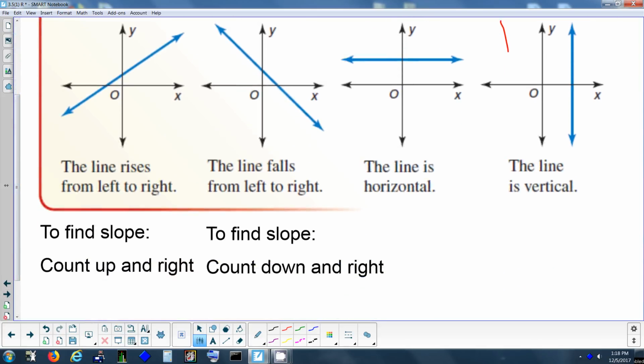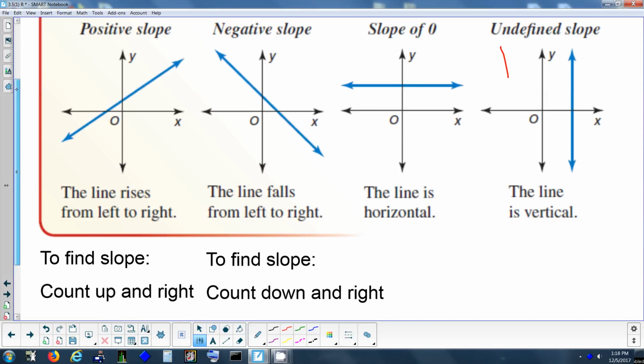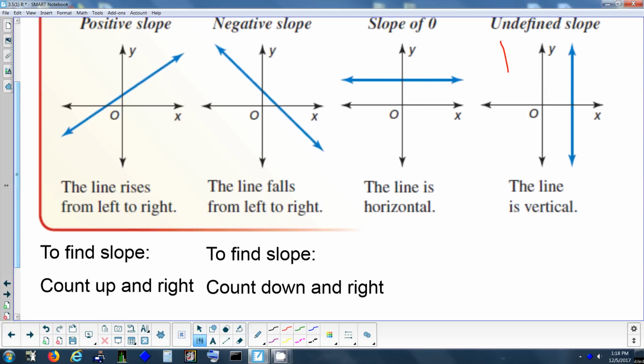If you want to write this in, you don't have to if you have some space on there, guys. We're going to give you a graph, and we'll ask you to find the slope. And we'll give you 2 points on that graph. Now, to find the slope, we're going to ask you to do 2 things. We're going to ask you to describe the slope of the line, so it'll be one of these 4 things. Then we're going to ask you to find the actual number.